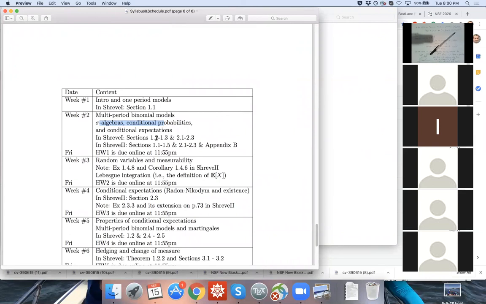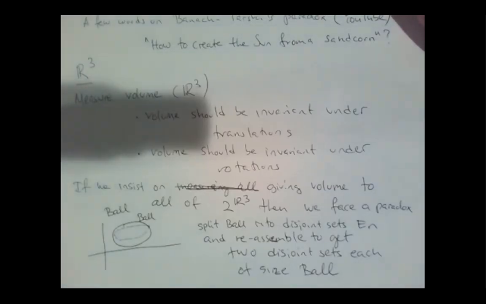It's not the case that this class follows the textbooks line by line. We're not doing that. These are just references where you can find more information. Some of this material is not something that you will necessarily find in the references. For example, if you're interested in the Banach-Tarski paradox, instead of reading about it, I would just go to YouTube and watch a video.